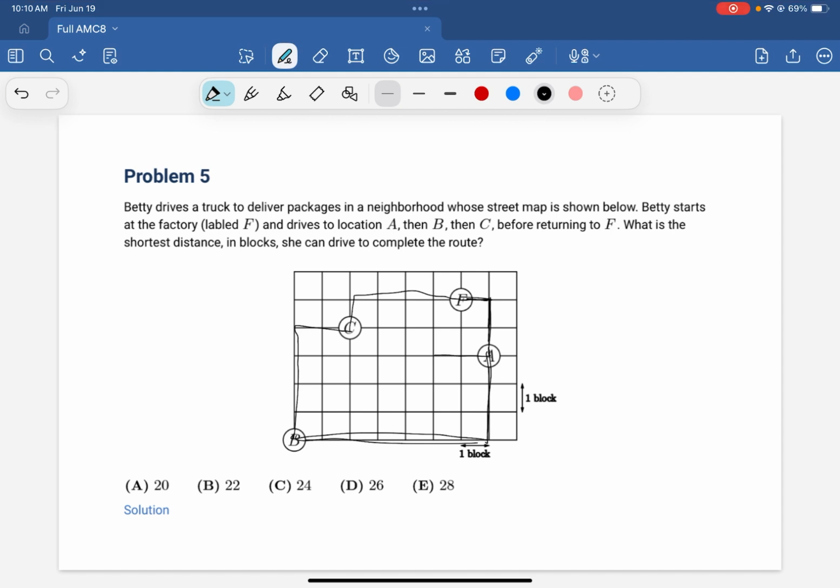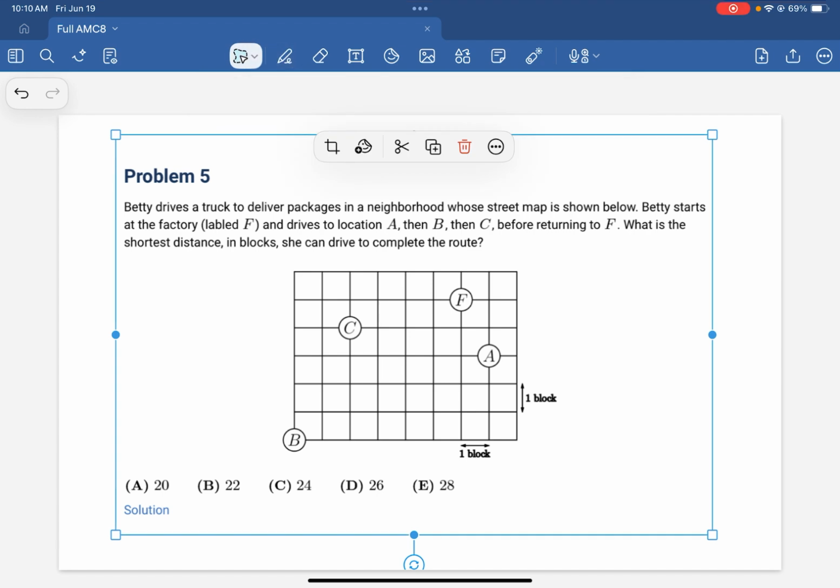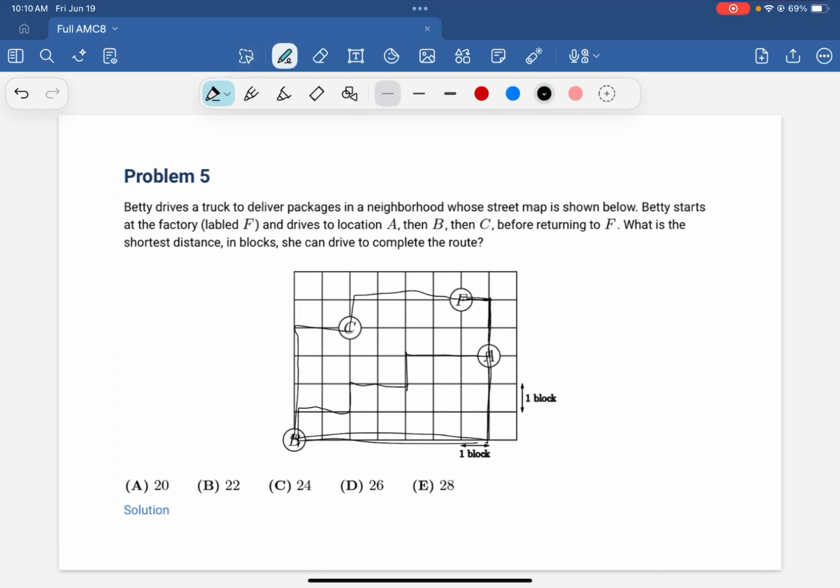Any rectangular path, even like this, is gonna have the same length because they have the same number of left steps and right steps. So we just want to find the total length of this entire thing.